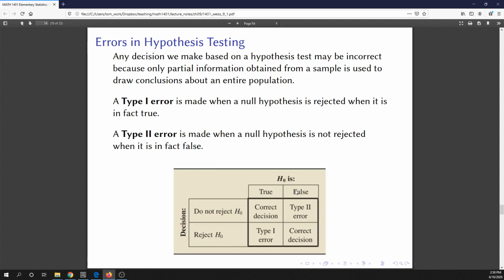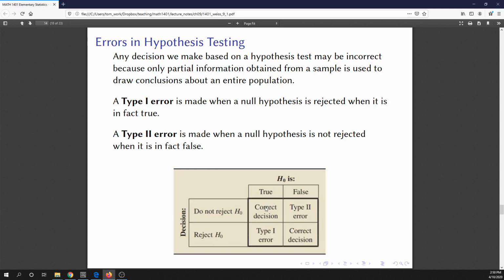What we would like to have happen is that when the null hypothesis is true, we do not reject it.